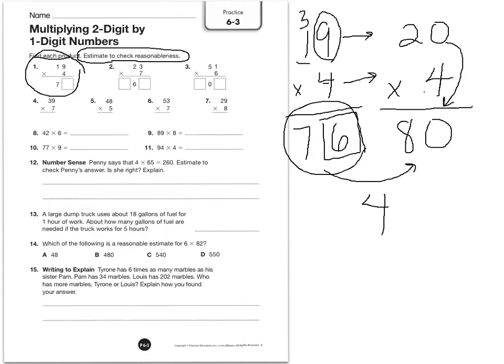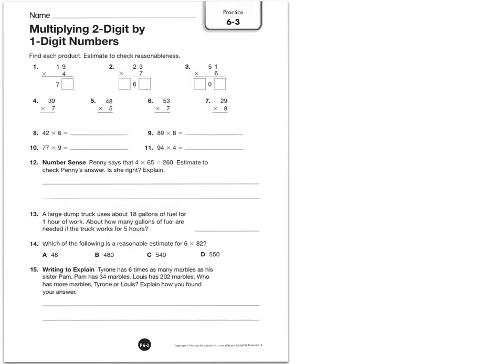Now, the one other thing I wanted to make sure you saw was down here at the bottom. It talks about Tyrone. Whoops, let's erase that. Tyrone has 6 times as many marbles as Pam.